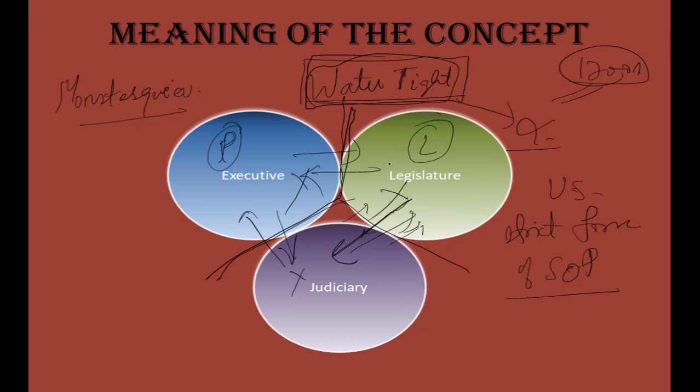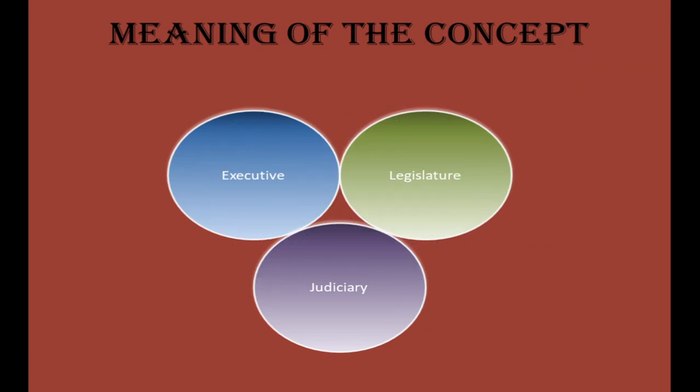The legislature has some control over the executive, and likewise the judiciary has some control over the legislature, some control over the executive, the executive has control over the judiciary, and so on and so forth. So the watertight separation of power is not observed. Rather, we have developed a concept of checks and balances. I will discuss checks and balances in detail, don't worry.